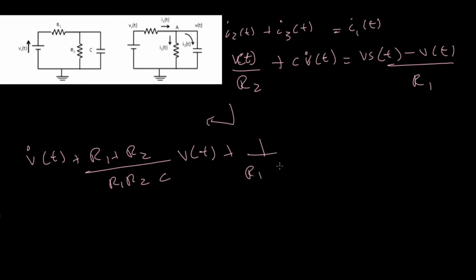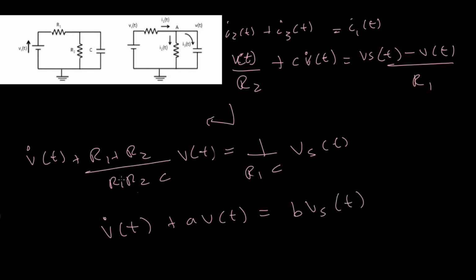R1, yes, okay, and let's clean it up further. Okay, so these are constants, you know that, because capacitance is a constant, resistors are constants, and this is the system model. Very easy.